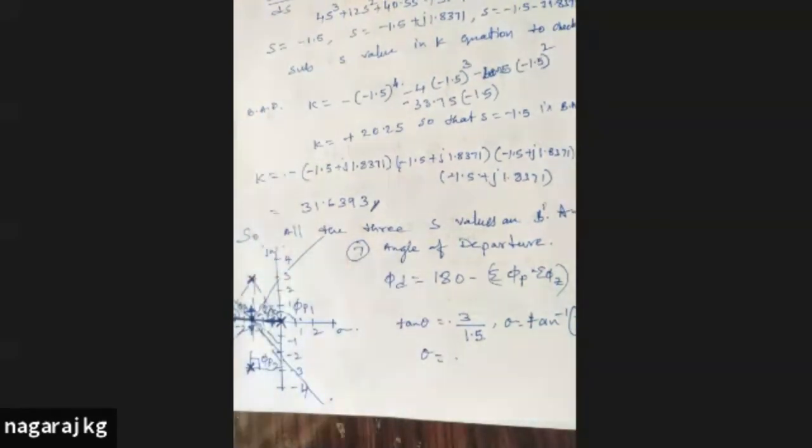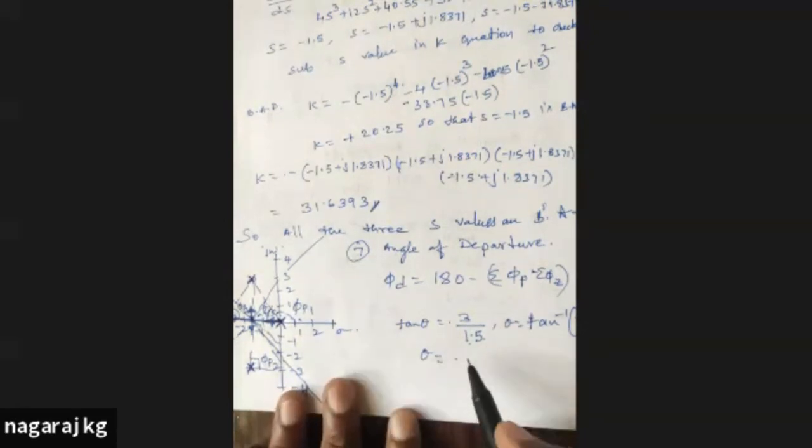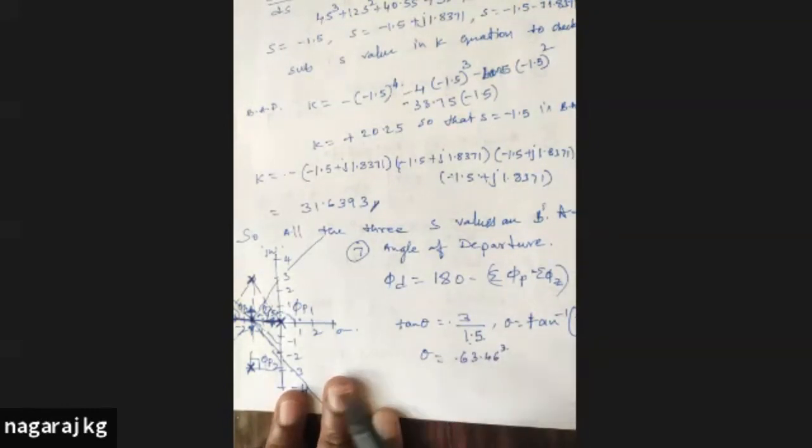How much is the theta value? The theta value is 63.43. How do we get phi P1? Phi P1 is equal to 180 minus theta.